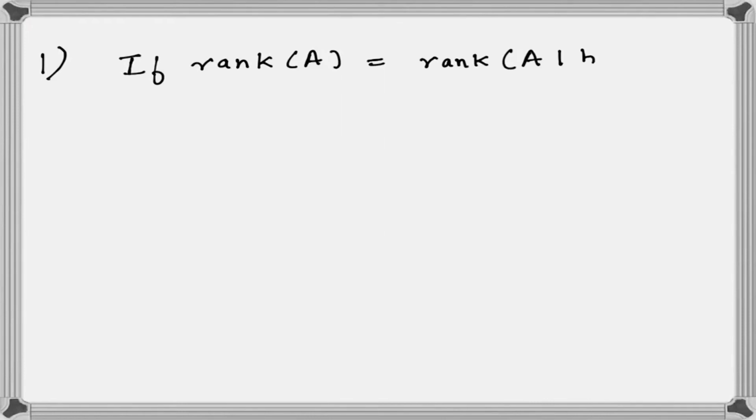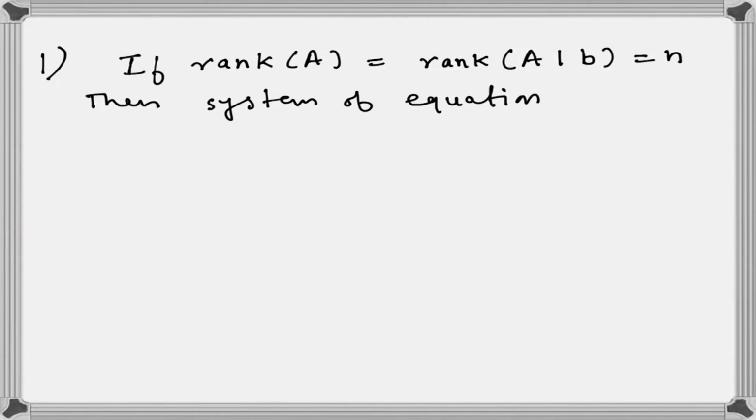First one is, if rank of A equals rank of the augmented matrix [A|B] equals n, then the system of equations has a unique solution.